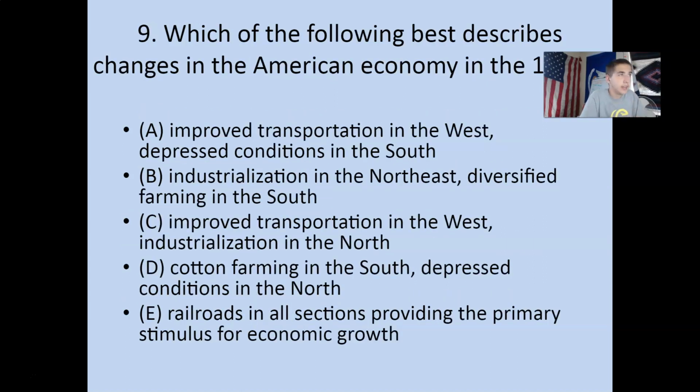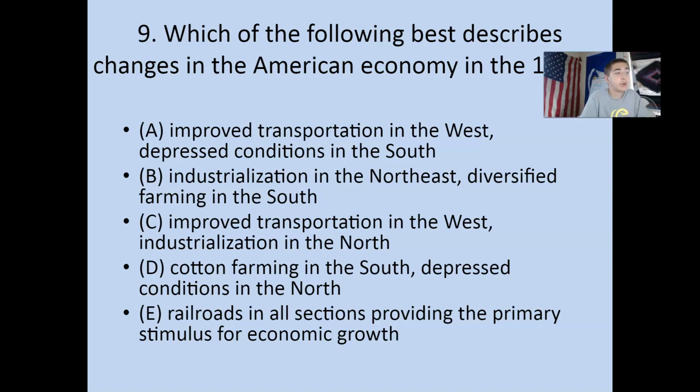Number 9. Which of the following best describes changes in the American economy in the 1820s? A. Improved transportation in the West. Depressed conditions in the South. B. Industrialization in the Northeast. Diversified farming in the South.